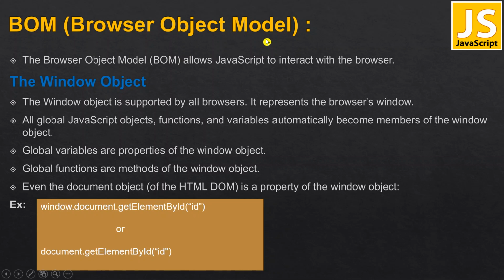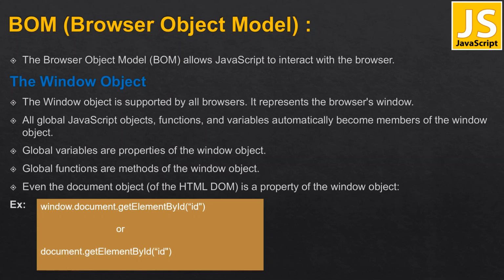Okay, the document object model treats a web page as a document, an HTML document, which contains all the HTML elements, and all the HTML elements are treated as objects, right? That is the concept of DOM, document object model.